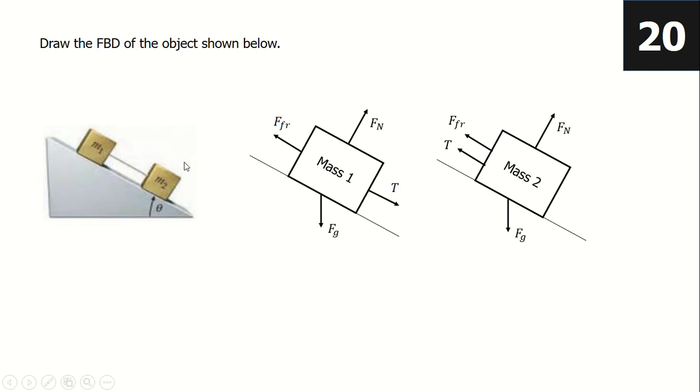And you can see that here, caused by the tension or being pulled by the weight of mass 1. Since mass 2 is also moving downwards, down the incline, frictional force is opposite that. So upwards frictional force. Okay, so that's it for our problem set.